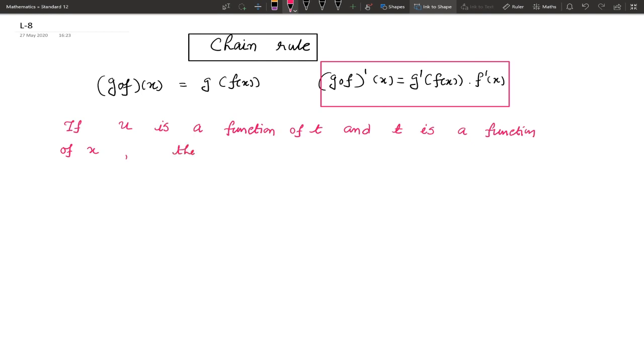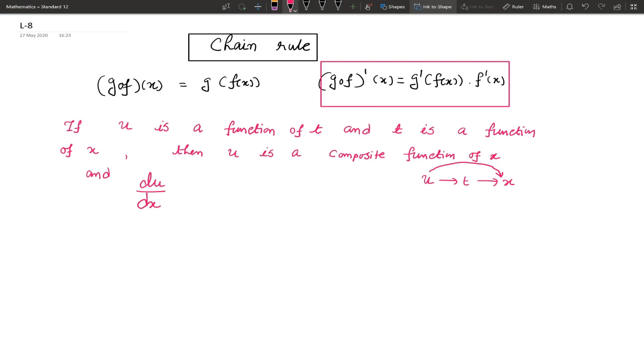You can observe u is a function of t, t is a function of x, so u is a composite function of x.